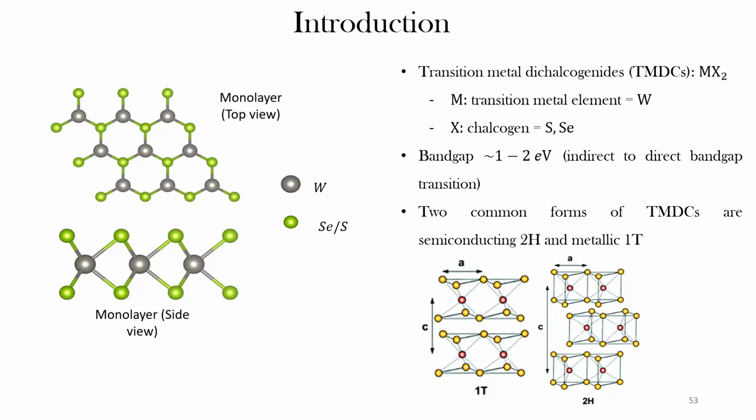And these materials have a band gap in the visible to near infrared region, like 1 to 2 electron volts. As we go from bulk to single layer, their band gap changes from indirect to direct, which is another plus point. Depending upon the stacking of these, we have common polyforms. One of them is semiconducting 2H and another is metallic 1T. Next.